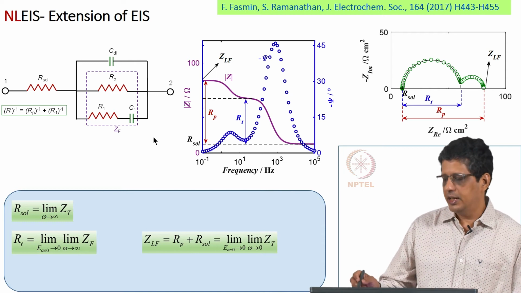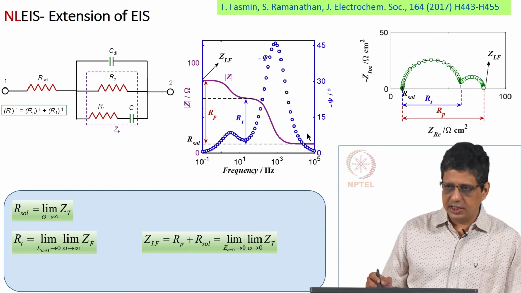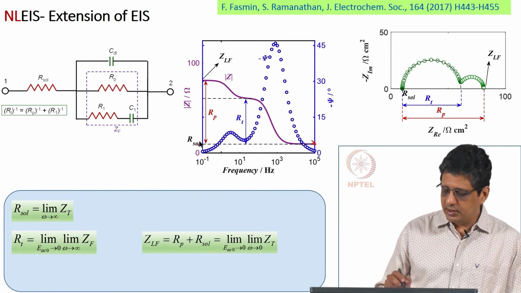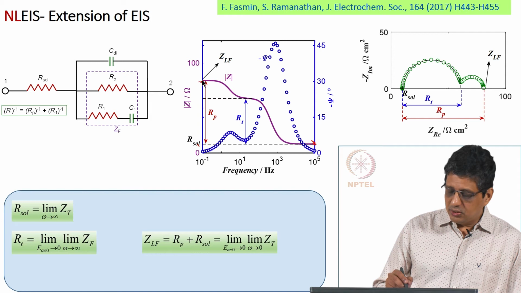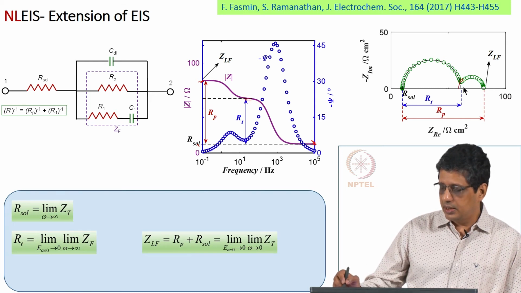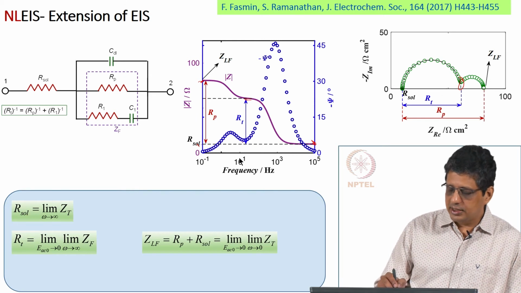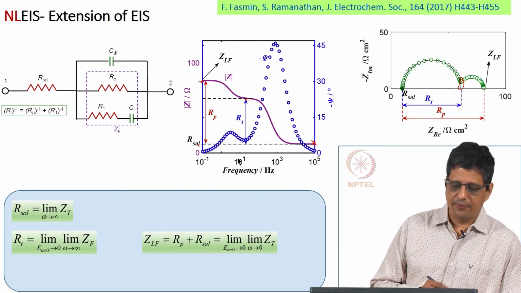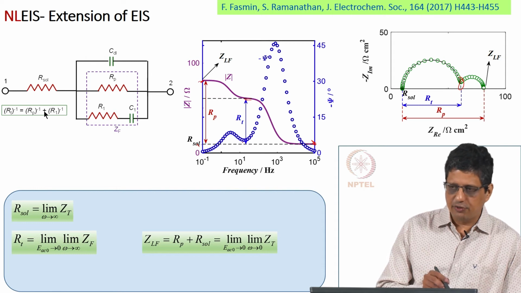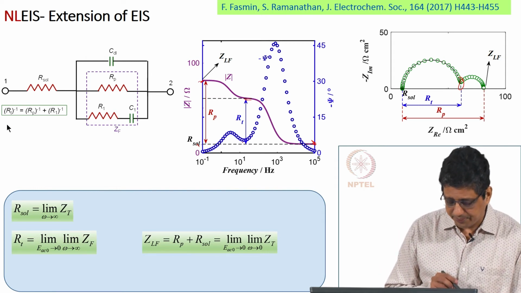What you have seen earlier is a complex plane plot; this is just a representation in Bode plot to say the high frequency limit is going to give us the solution resistance, the low frequency limit is going to give us solution resistance plus polarization resistance, and the next saturation point here, which corresponds to the point here, tells us the sum of charge transfer resistance and solution resistance. This could be modeled by a circuit like this; you can also model by other equivalent circuits and get the expression for polarization and charge transfer resistances.